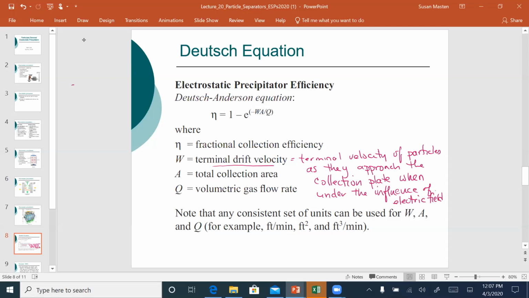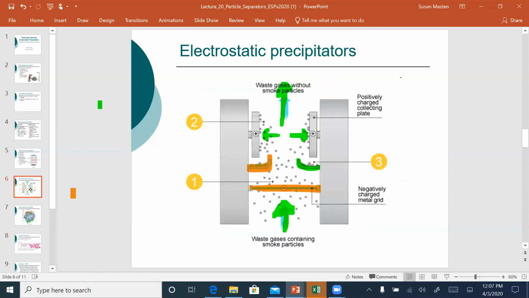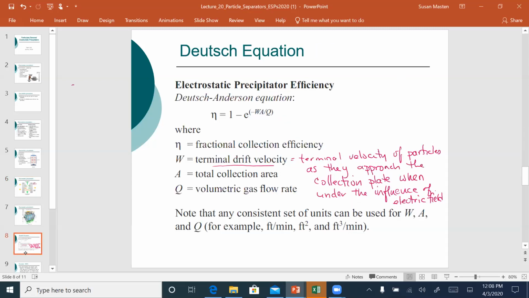So if we go back and look at this diagram, we've got this negatively charged electrode, and we're applying an electric field. It's the velocity at which these particles are going to move towards this positively charged electrode, which is referred to as the collecting plate. It's also dependent on the total collection area of your electrostatic precipitator and the volumetric gas flow rate.